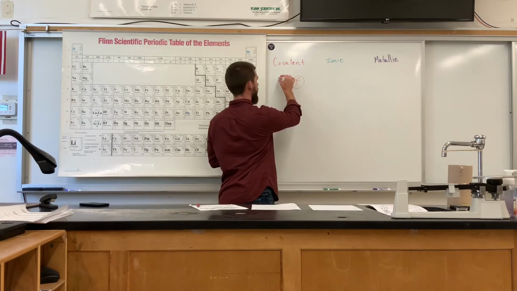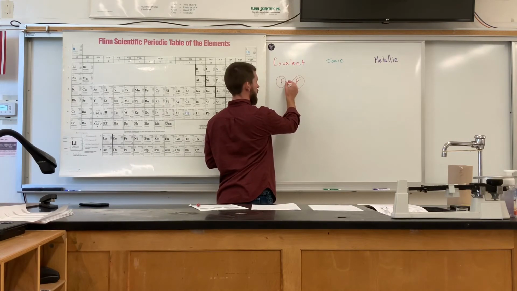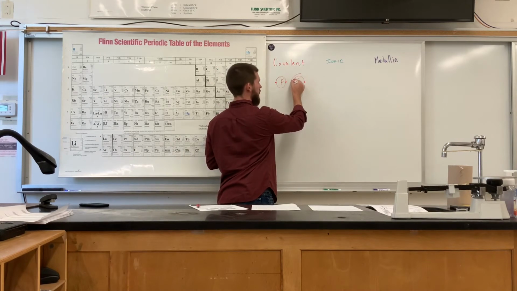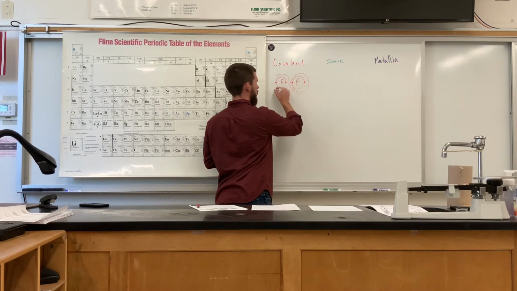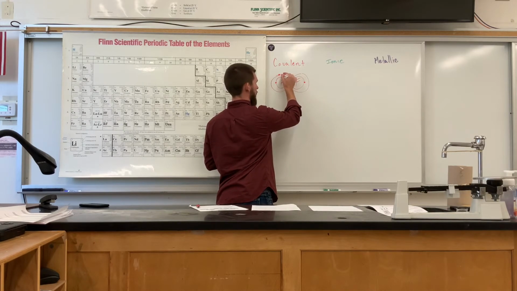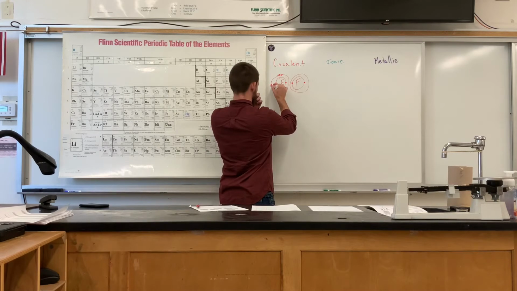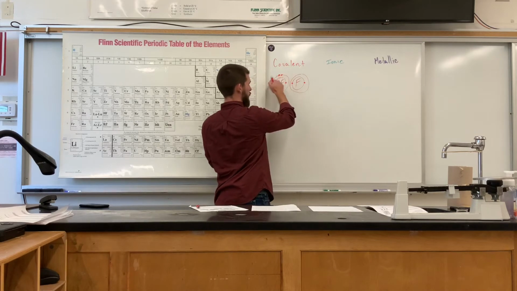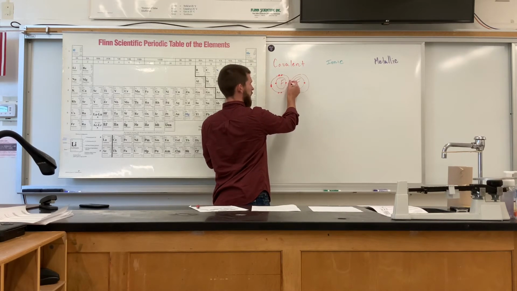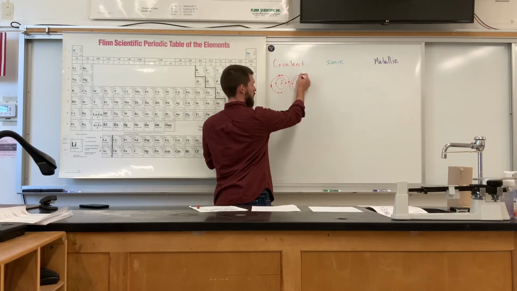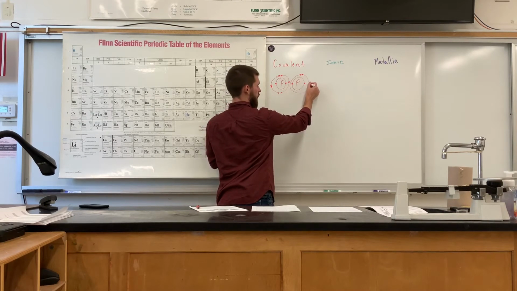If we draw the energy levels, the first energy level has 2 electrons, and the second energy level is going to have 7. So we'll have 1, 2, 3, 4, 5, 6, and then the 7th one.